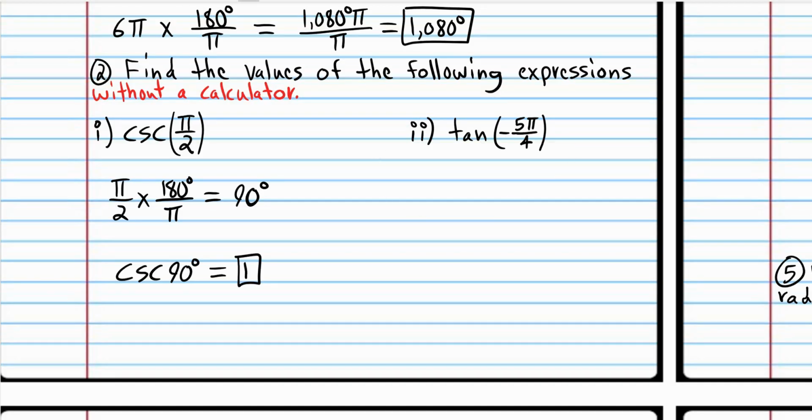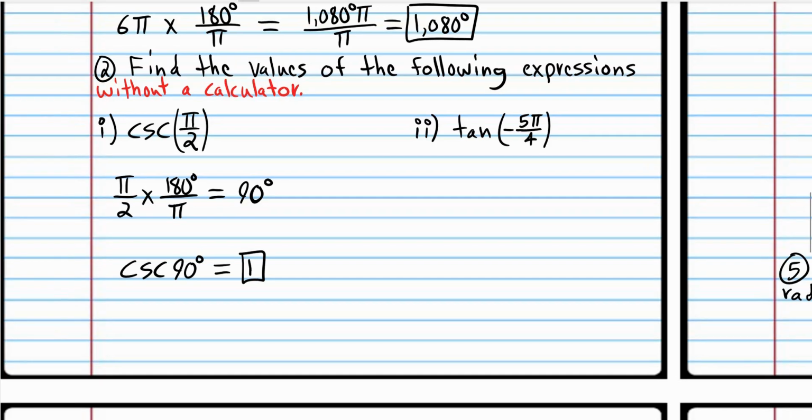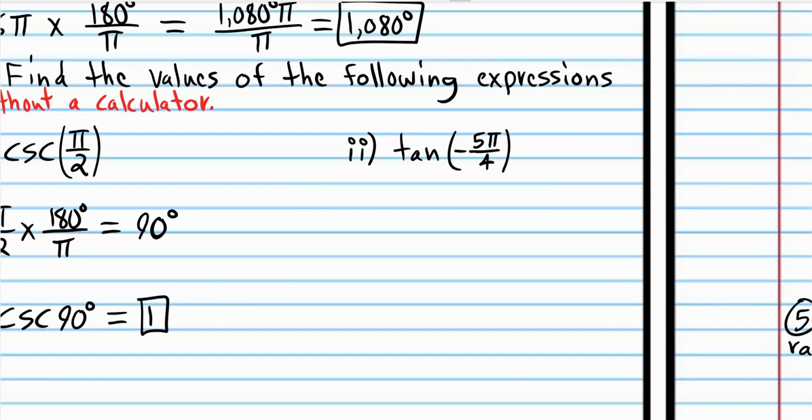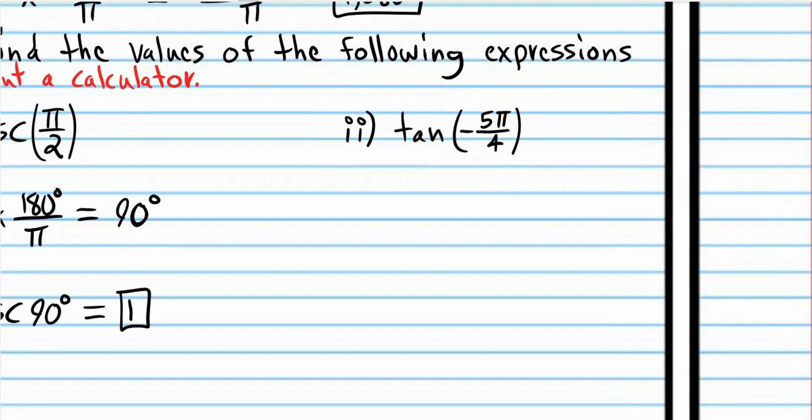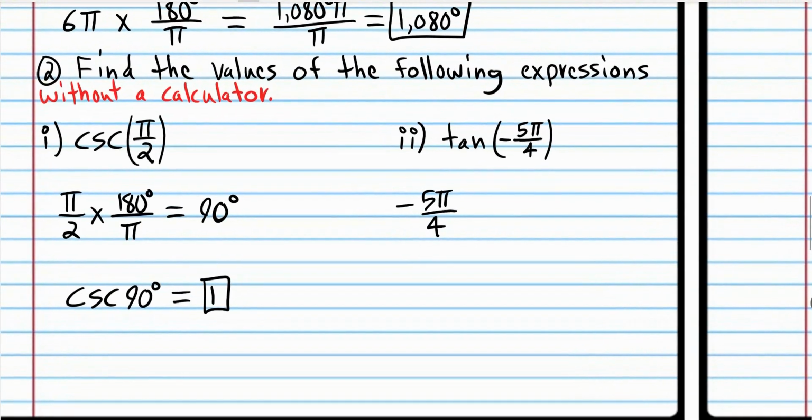Okay, we're back. So pi over 4 is 45 degrees. If you can remember that, then all you have to do is multiply 45 degrees by 5, and we see it's going to be negative 225. But if you don't want to do it that way, you can convert from radians to degrees. And by the way, the reason we know that these expressions are in radian units is because there is no degree symbol.